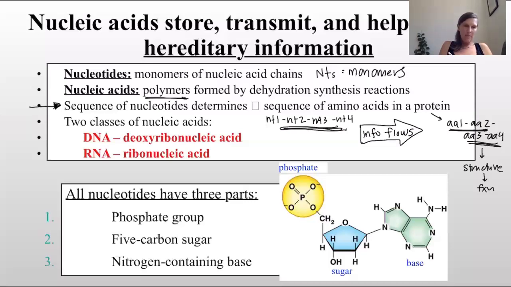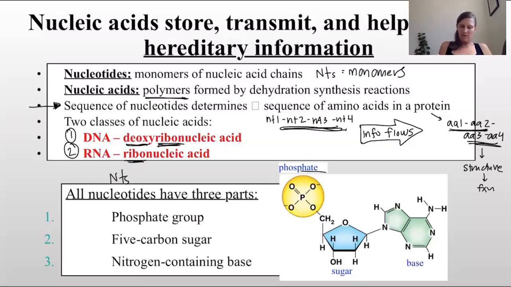All right, we have 2 main types of nucleic acids. We have DNA and RNA. DNA is deoxyribonucleic acid, where RNA is just ribonucleic acid. Regardless of what nucleic acid you are, you are made of these nucleotides, these NTs, which all have 3 parts, all right?